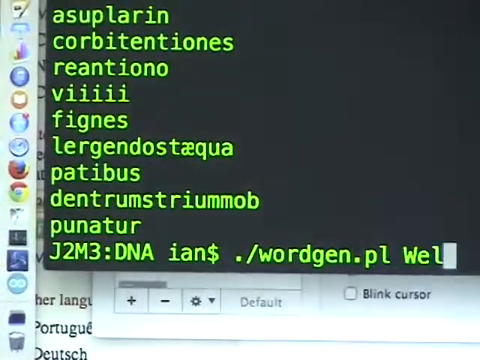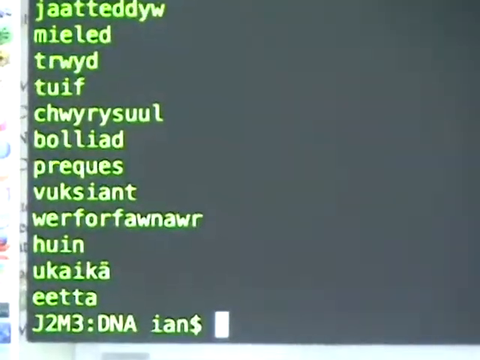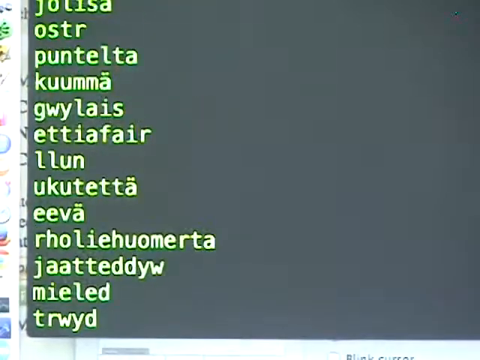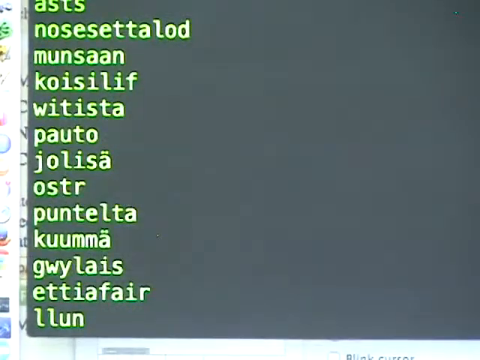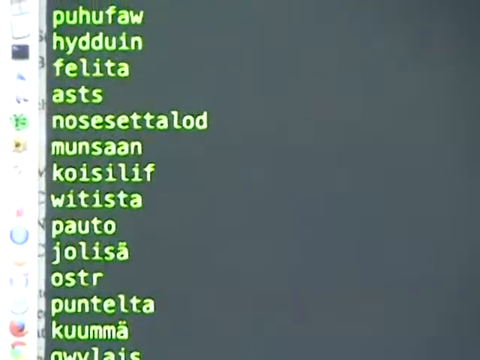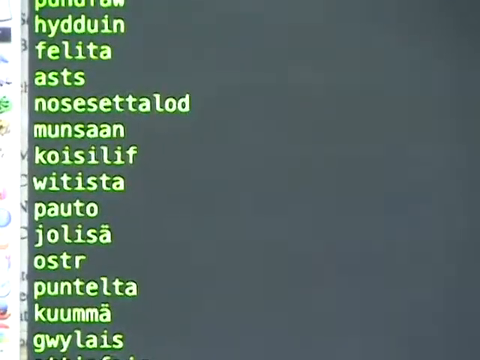We can even do it with, let's say, both the Welsh and the Finnish ones in there. And now these are a fusion of Welsh and Finnish probabilities. So these words, like whatever this is, would be legitimate if we're writing a novel in a J.R.R. Tolkien kind of way and needed to come up with new words, as a friend of mine has done.